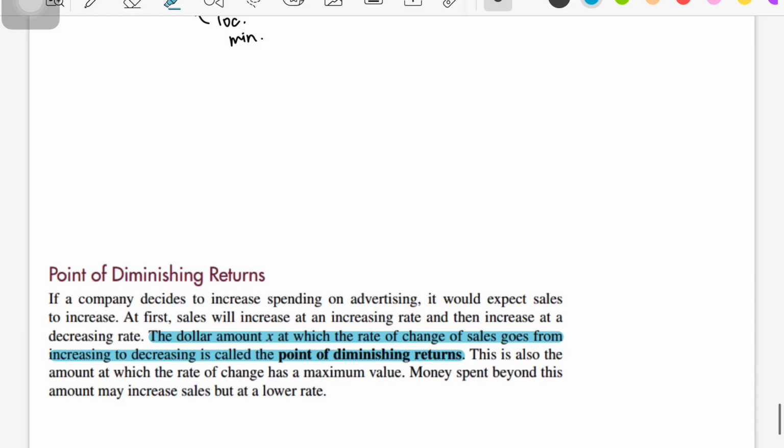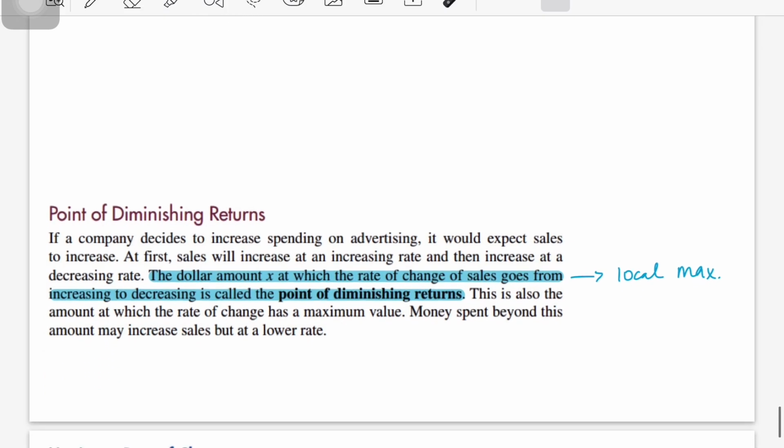Right, so we can kind of think of this as a local maximum value. We're going from increasing to decreasing, and that's what this states here. This is also the amount at which the rate of change has a maximum value.